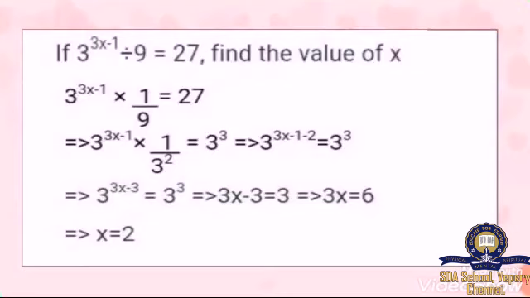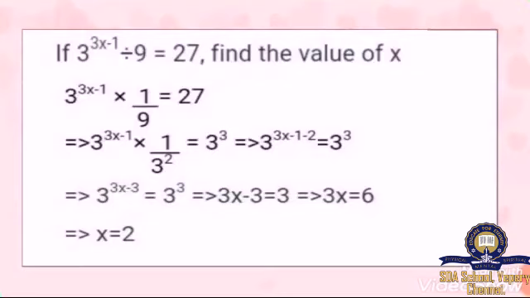So when the denominator 3 to the power 2 moves to the numerator, according to that condition, we get 3 to the power minus 2. Since the bases are equal, let us add those powers. So we get 3 to the power 3x minus 1 minus 2 is equal to 3 to the power 3.